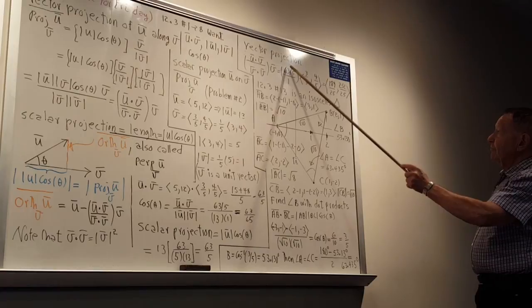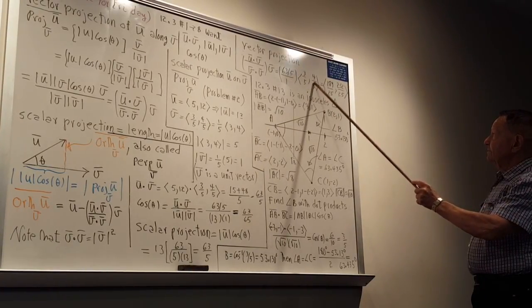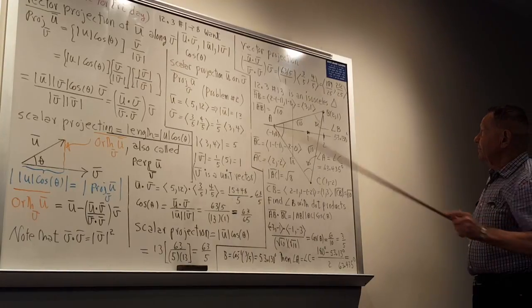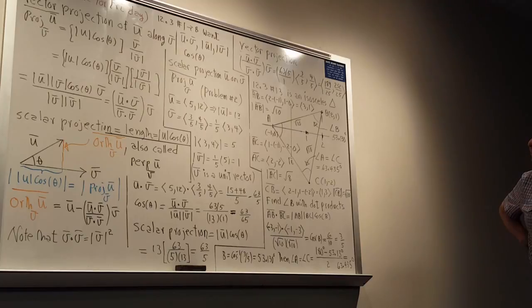So you have this dot product over this one times this vector, and so you get a vector that looks like that. So these are kind of odd fractions, but it's just how the numbers work for the problem as given.